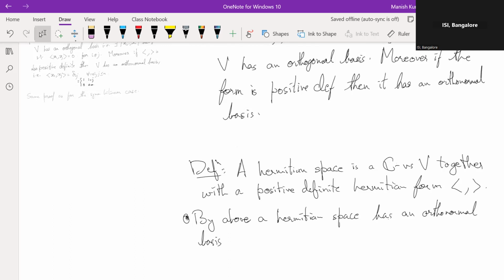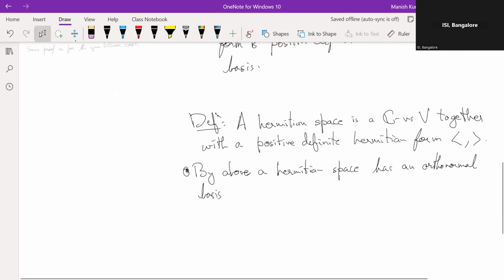That is what these results, which we have seen a proof of, give us. Before stating the spectral theorem, I'll have to define some operators, and then we'll state it.